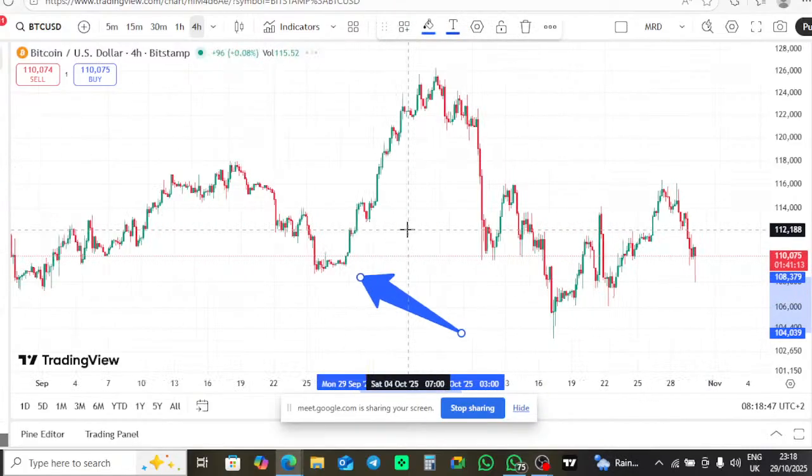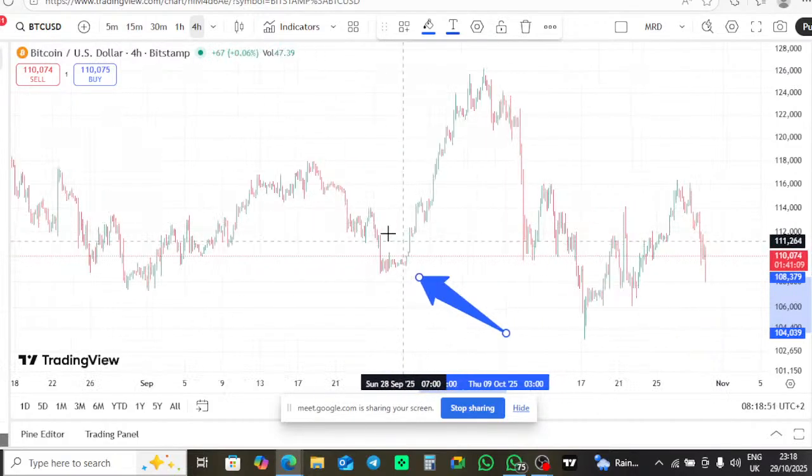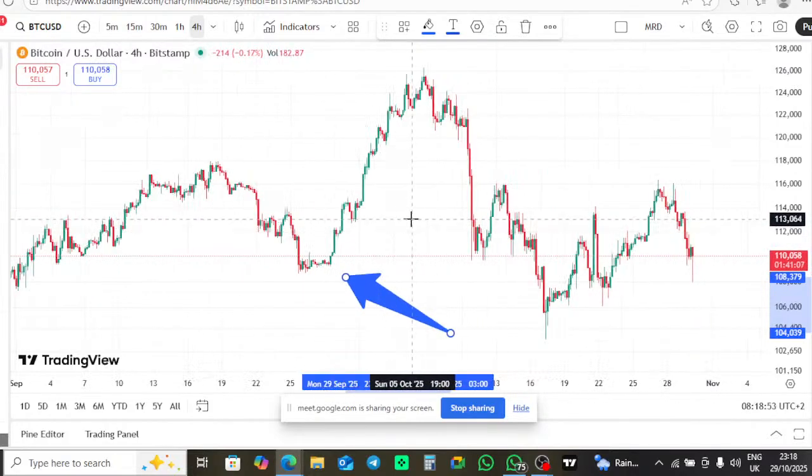Now first of all, you must know which time frame you are going to deal with, which time frame you are going to do your analysis from. Someone can do the analysis on 1 hour time frame, someone on 4 hours. So it's according to you. But since we are daily traders, I would suggest we go with 4 hours and 1 hour.